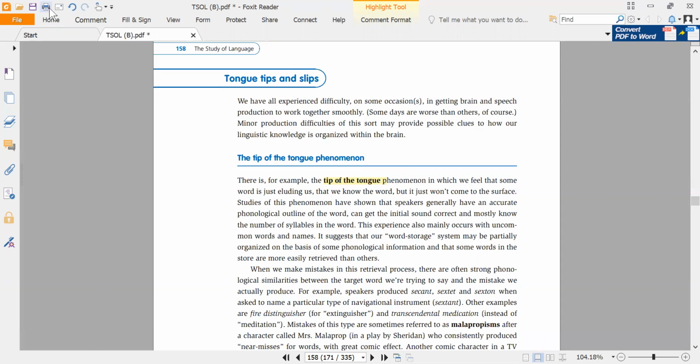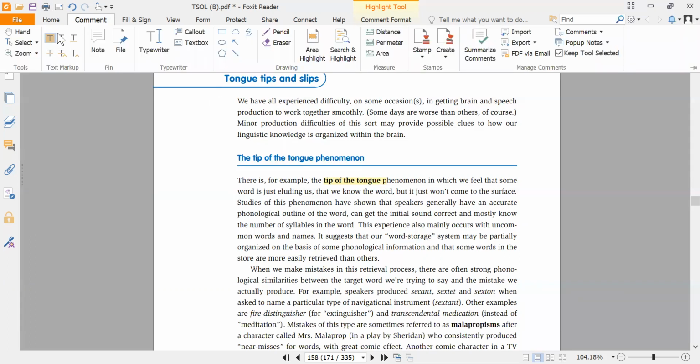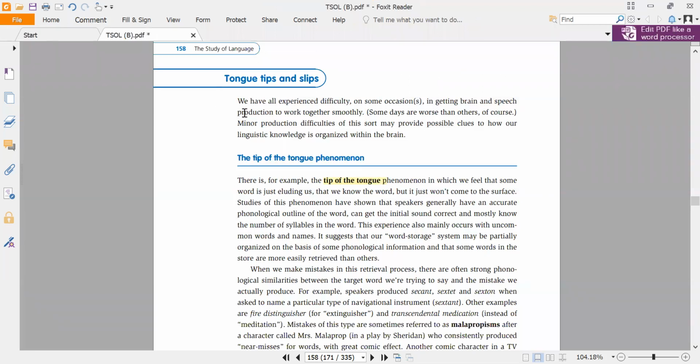Tip of the tongue actually means the situation when we think that we know a word, but at times it's difficult for us to bring it to the surface, right?